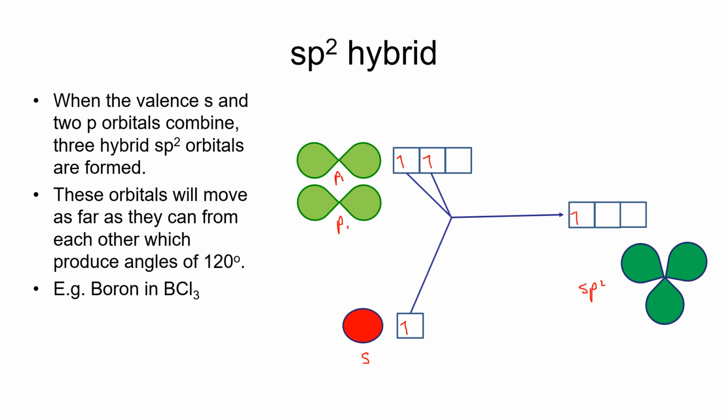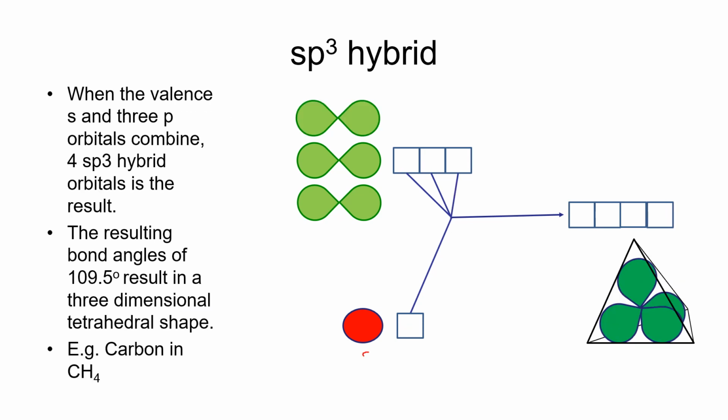And so you would have 3 orbitals that are all equivalent, and they'll all have a big blob and a little blob, and all the big blobs are going to move as far away from each other as they can, which gives you an angle of roughly 120 degrees. And so molecules like BCl3 will have a chlorine that will bond to each one of those hybrid orbitals, and we'll get into the bonding in a little bit.